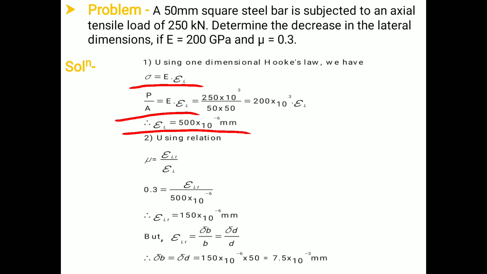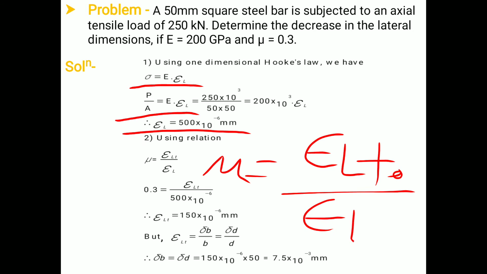By using Poisson's ratio, we have mu is equal to the ratio of lateral strain to the linear strain. This epsilon LT means it's a lateral strain and epsilon L is the linear strain.